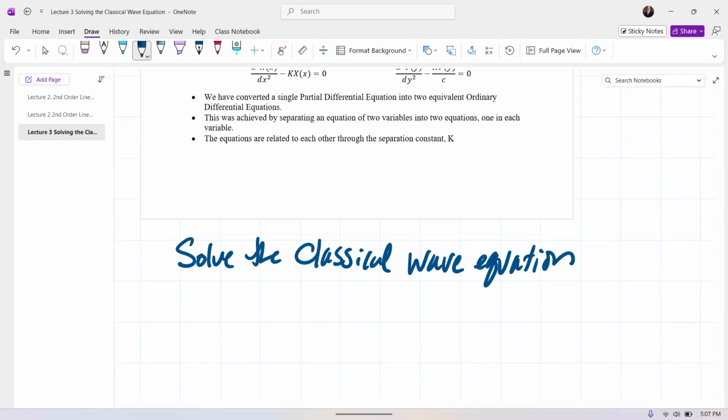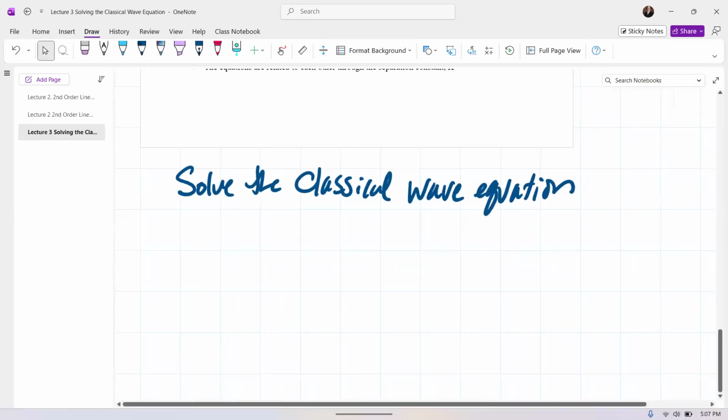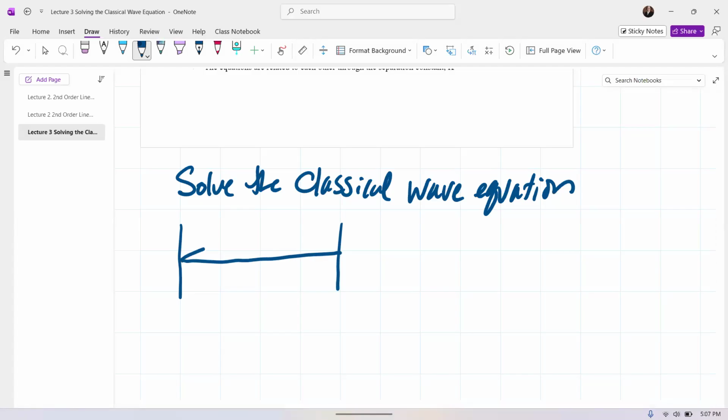All right, so let us just get in our minds what picture this is. It looks like this. Here's a wave, and this is our x-axis. We have x equals 0 here and x equals L, that's the length. And here we have the displacement, that's the displacement u of x and t.